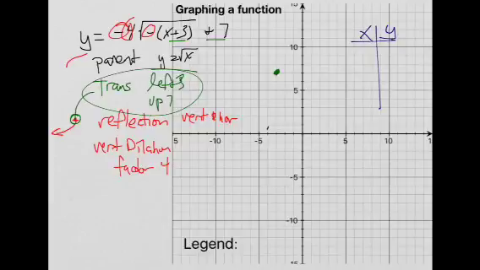This is also where the reflection helps me, because since I know it's going down and to the left, my domain is going to start basically here at -3 and go to more negative numbers. So the biggest number I can put in my table is a -3, and then I need to pick some numbers that are to the left of that, or smaller.